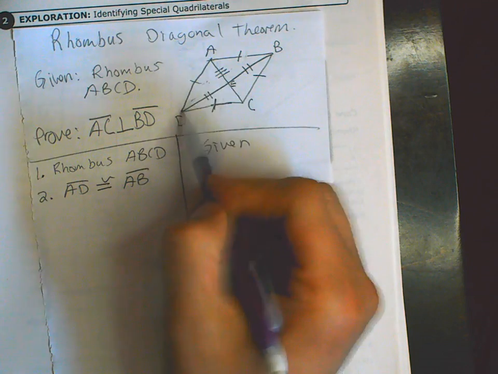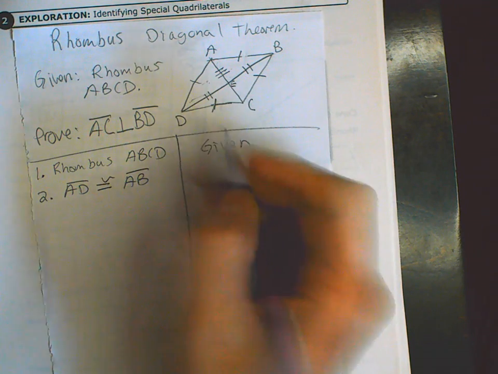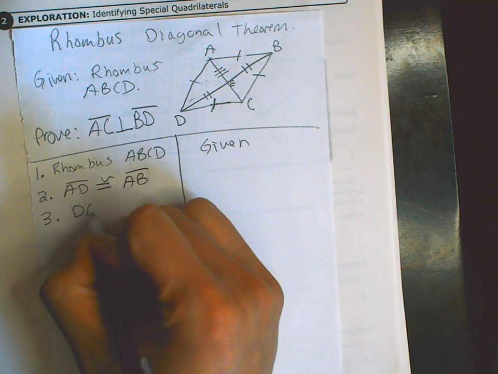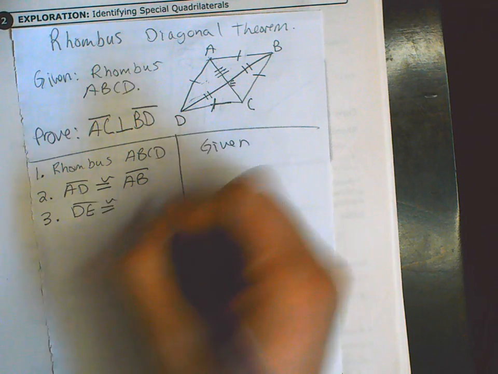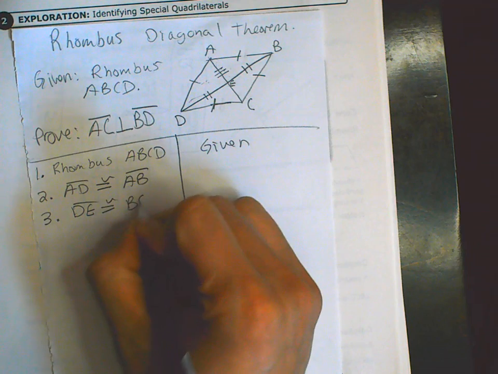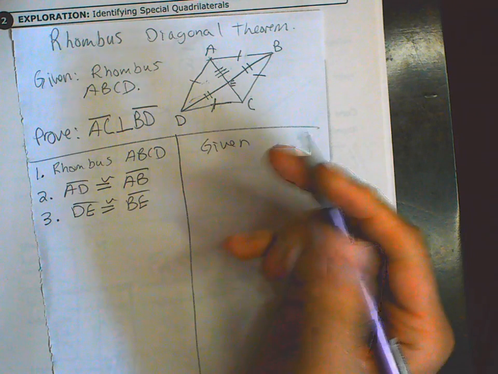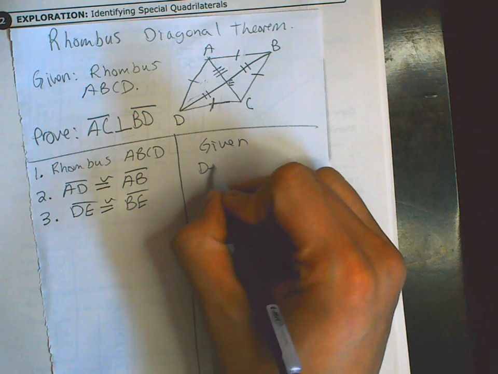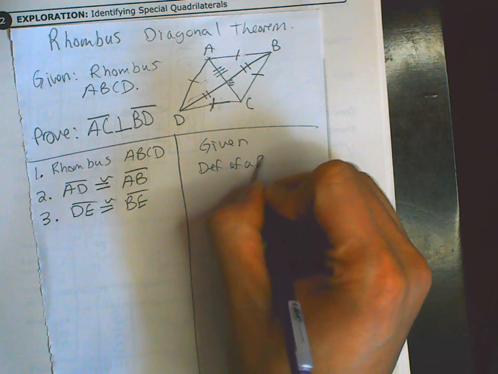So AD to AB. Also, you have DE congruent to BE, because remember, the diagonals bisect each other. So this is called, well, let me go back and put this one: definition of a rhombus.